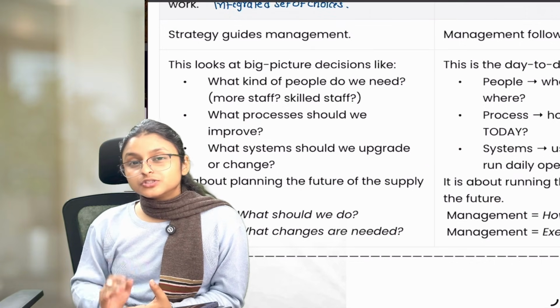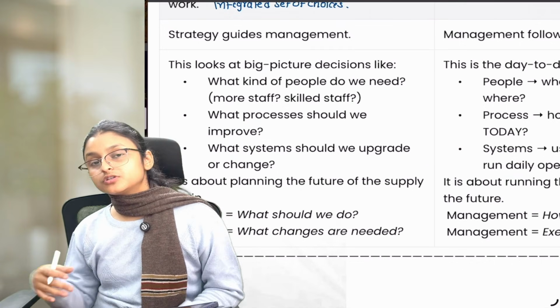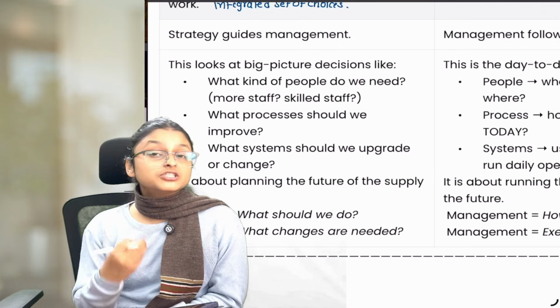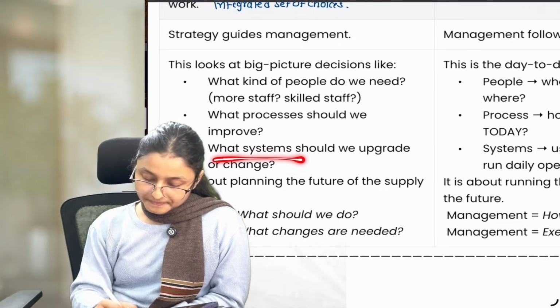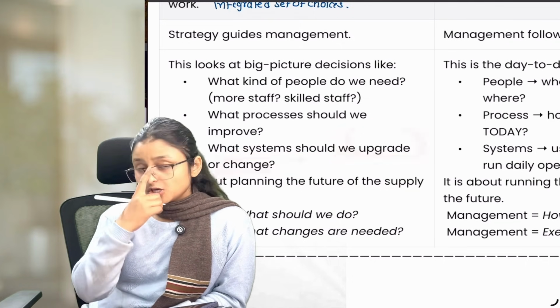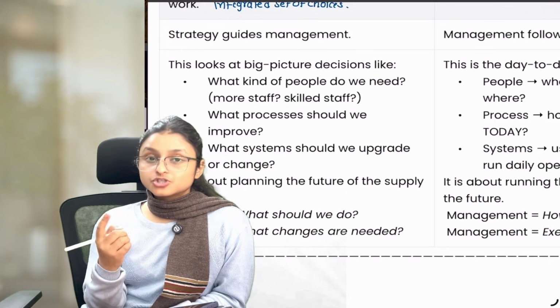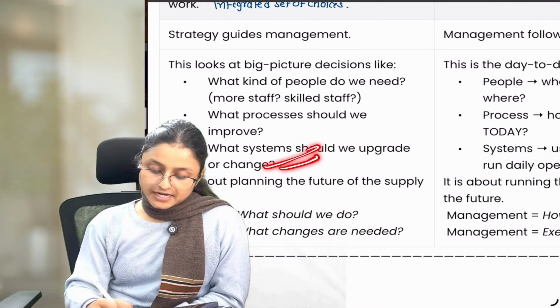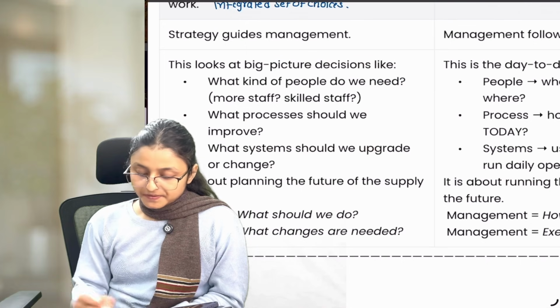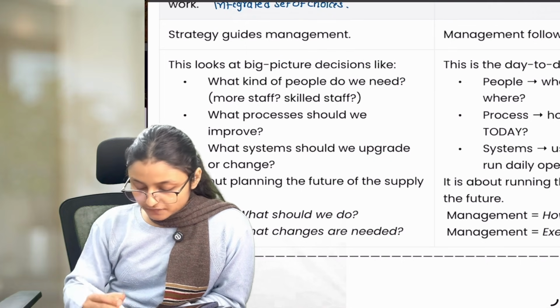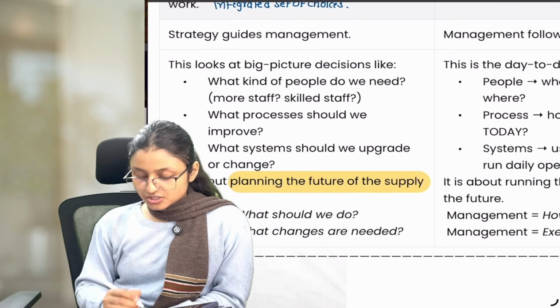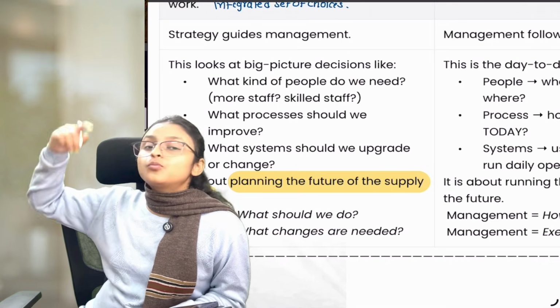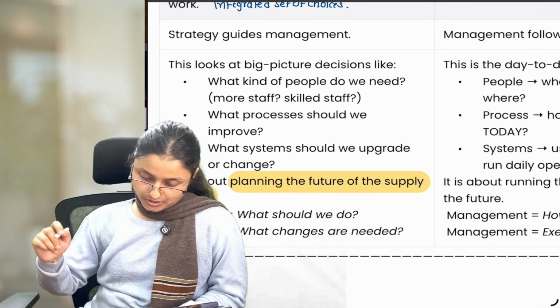What are the processes we should focus on, or what are the processes we improve on the basis of achieving our company strategy? What system should we upgrade or change? What are the technologies or system we should change or upgrade? We decide on them in our strategy. It is about planning the future of the supply chain. With the help of supply chain strategy, we are planning what will happen in future with the supply chain.